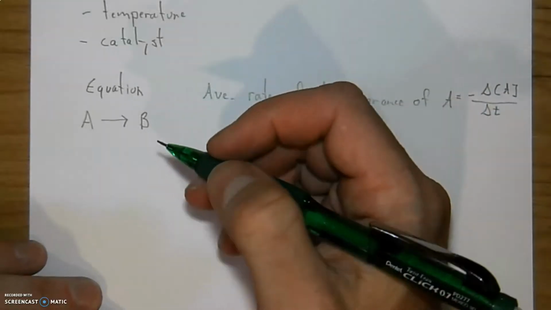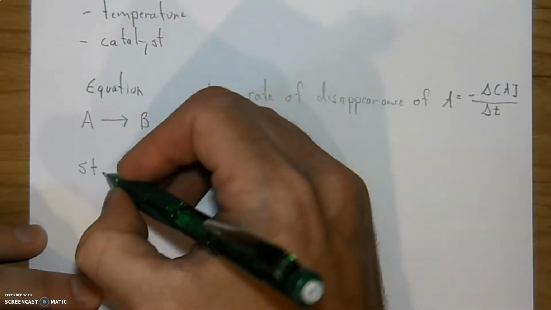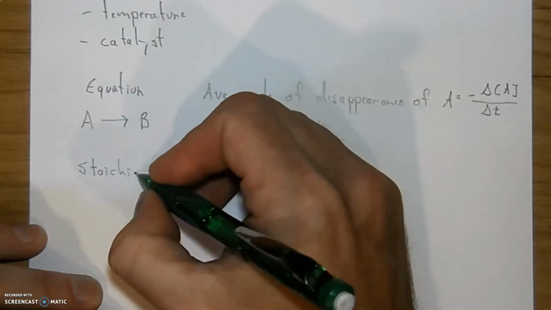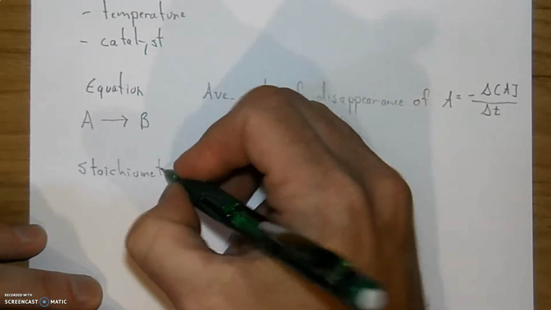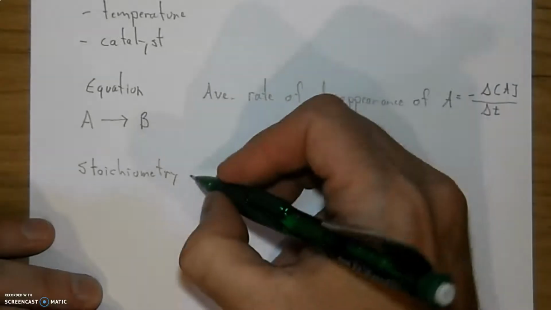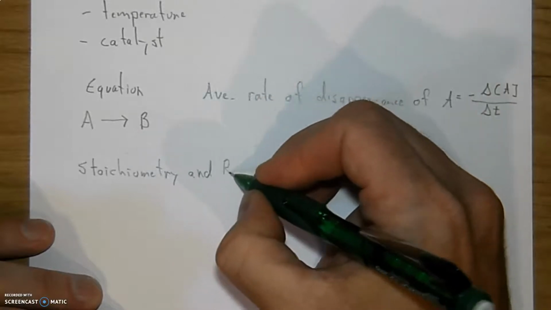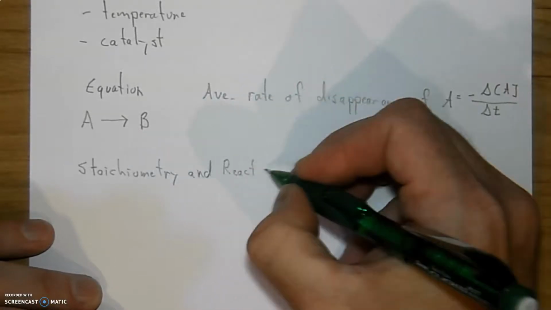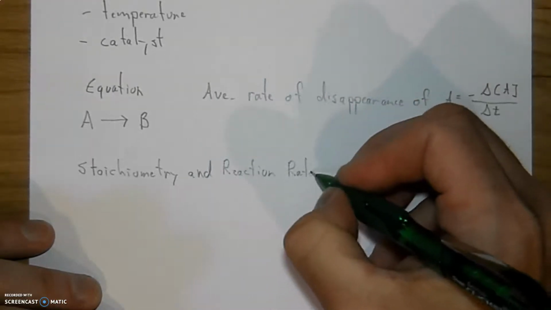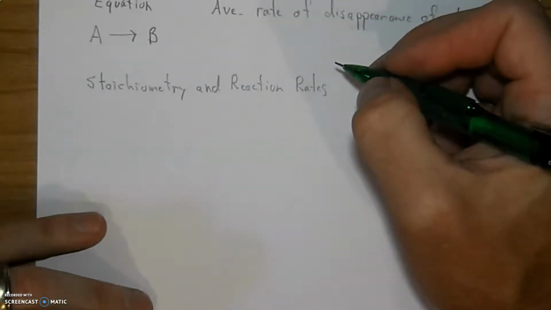Now, seeing how things would relate to each other, let's look at another understanding here, the stoichiometry of how the rates of different things would compare. So stoichiometry and reaction rates. So we'll use an equation as an example.